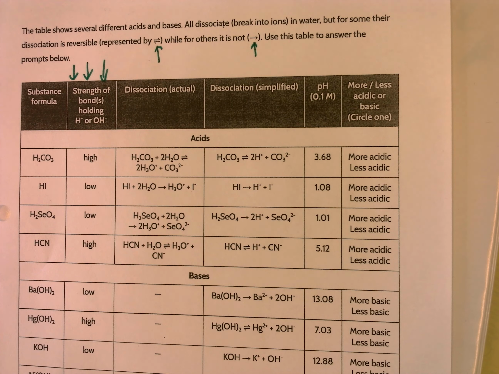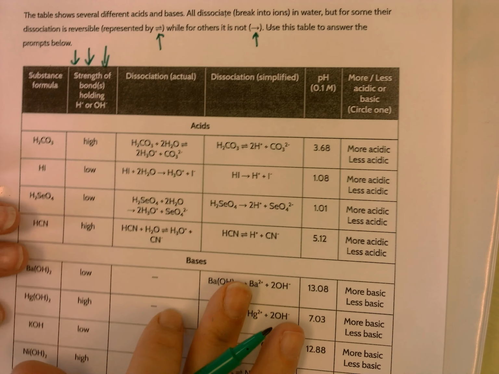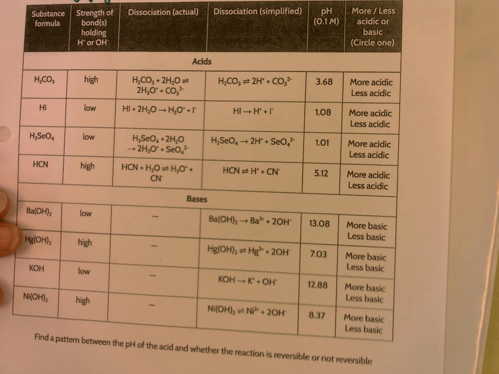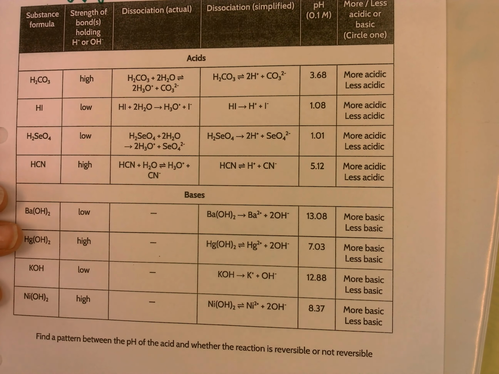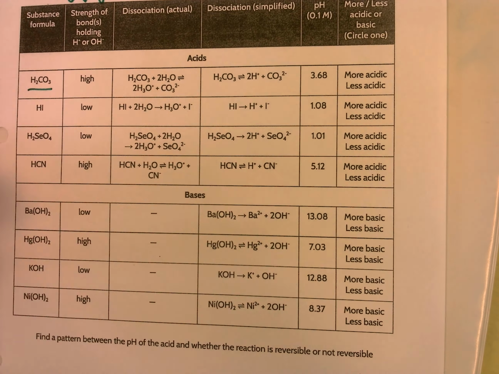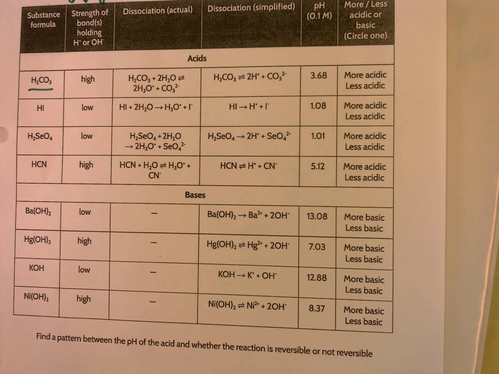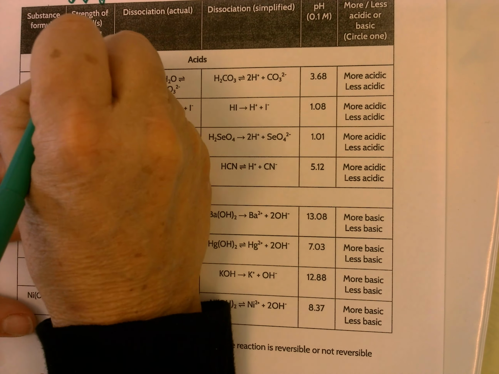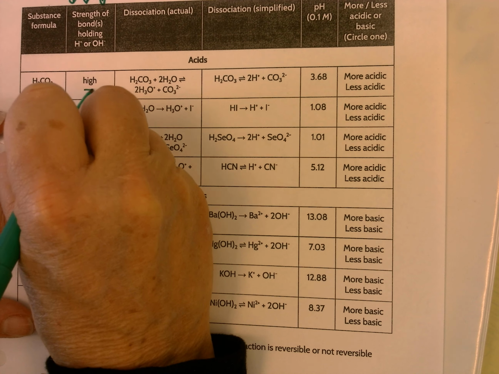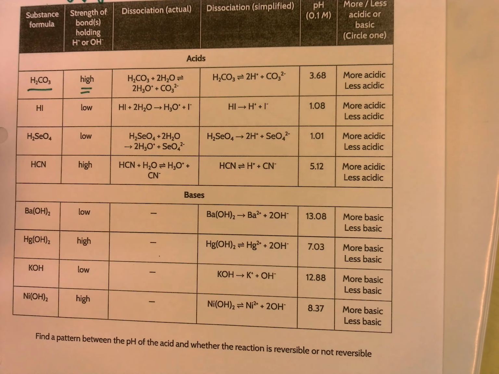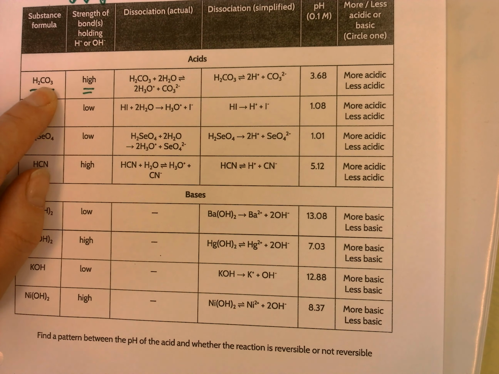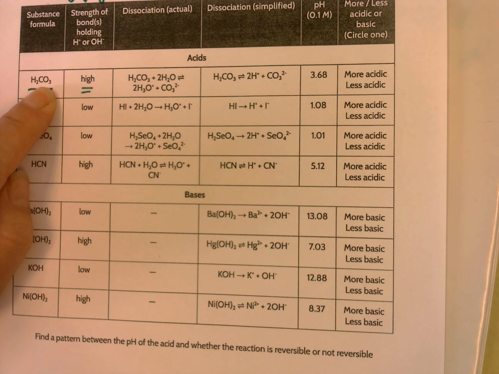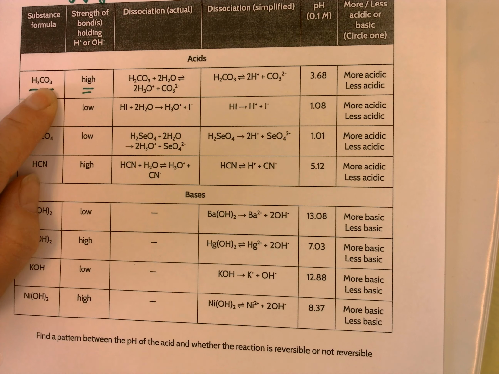Yeah? Okay, good, thanks. So let's start with the one we've been focused on, which is carbonic acid. Right here's carbonic acid. And the strength of holding on to those hydrogens is high. So that carbonate is holding those hydrogens very tightly. It is not going to let go of them very easily.